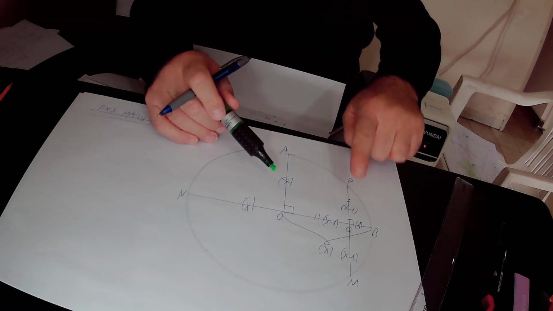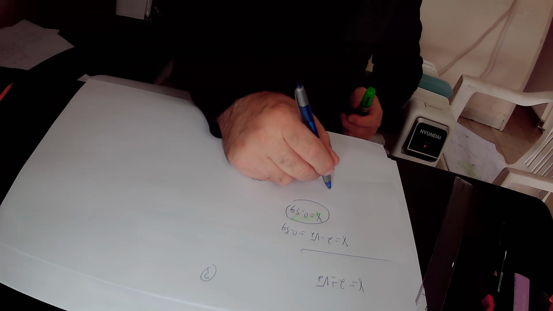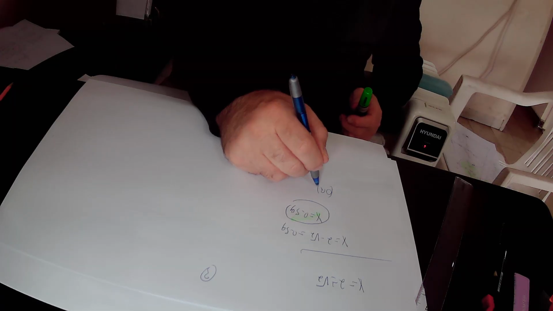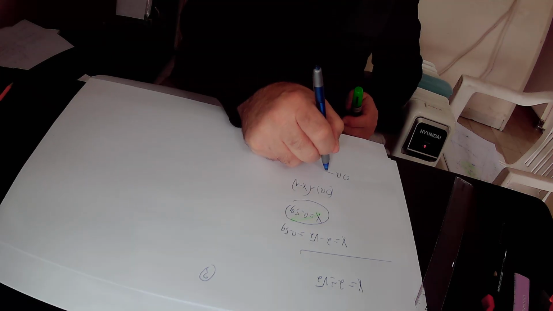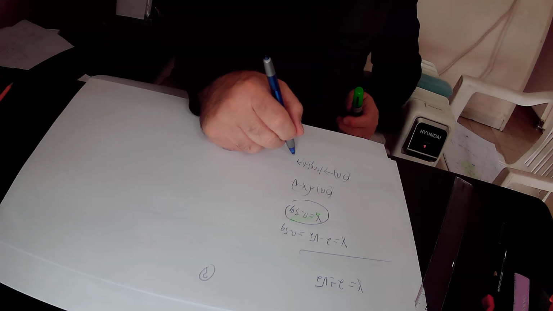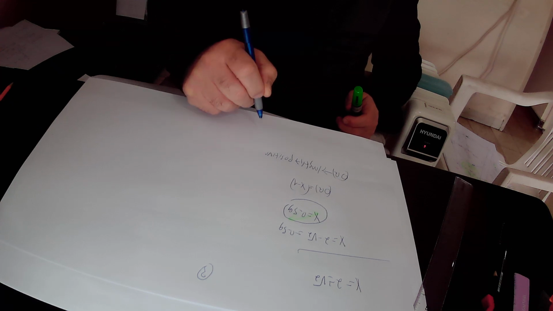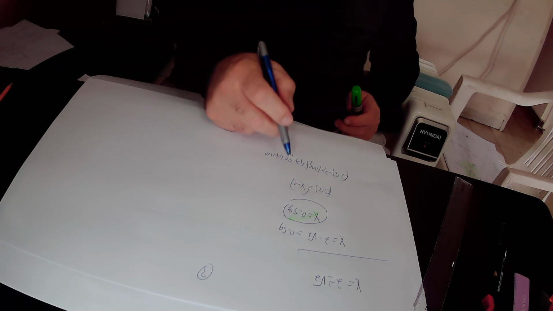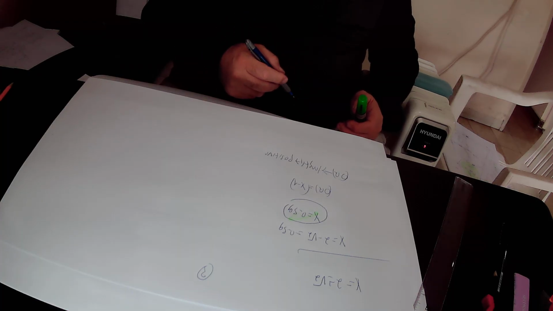We already found out that OQ equals x minus 1 units in its length. So OQ is a length, and as a length it must be a positive number. OQ equals x minus 1, so x minus 1 must be a positive number.